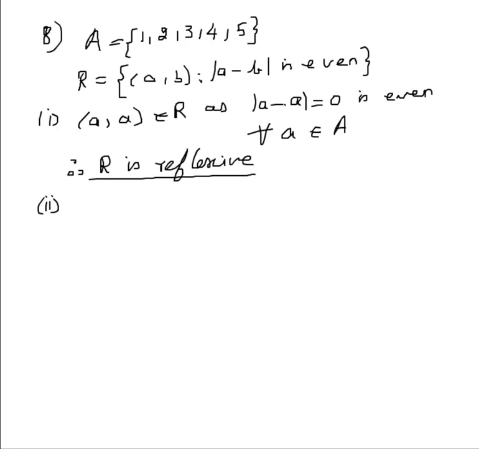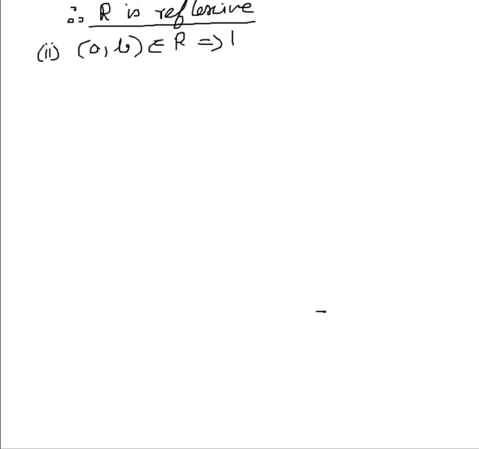Now let us check whether it is symmetric or not. Let me consider (a, b) belonging to R. So if I take an element from R, definitely the condition has to be satisfied. That is, absolute value of a minus b is even. I can say absolute value of b minus a is also even, because absolute value of a minus b and absolute value of b minus a are same values.